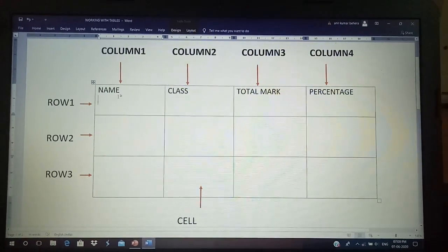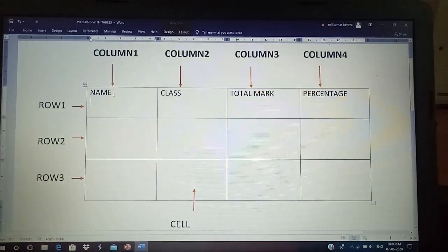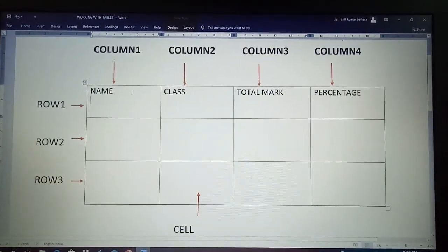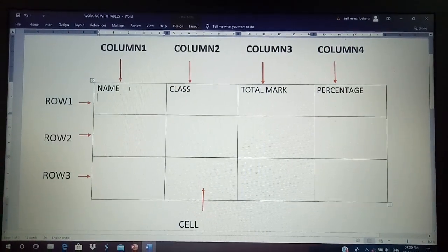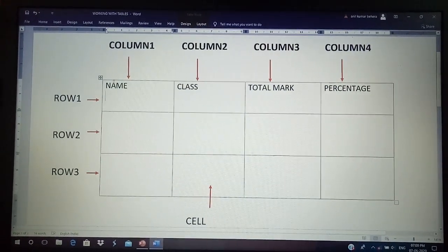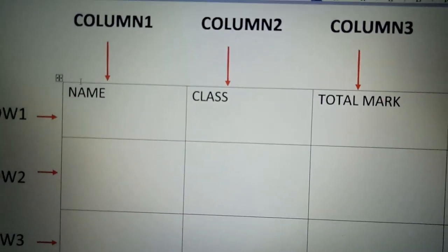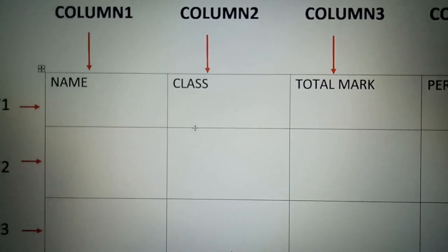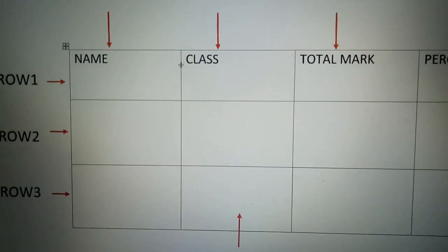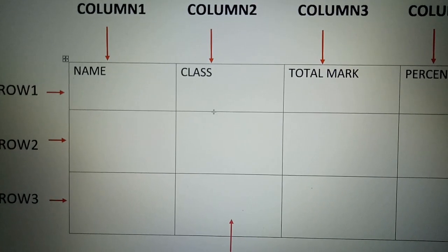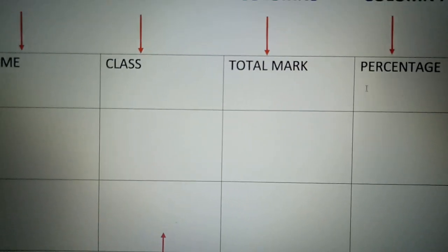Now let us understand this in a better way with the help of a basic structure or diagram of a table. As you can see students, on the screen is a basic structure of a table. Here these are the horizontal or row lines running from left to right, and these are the column lines running from top to bottom.